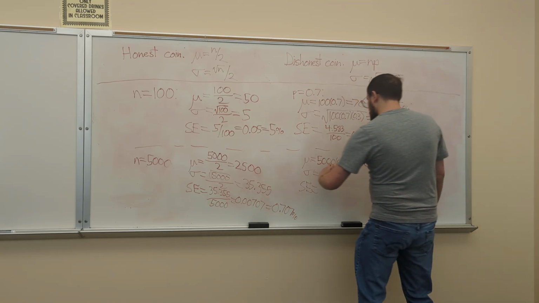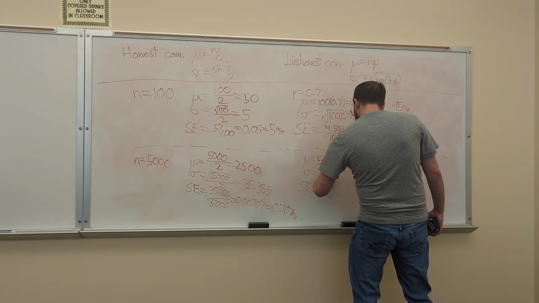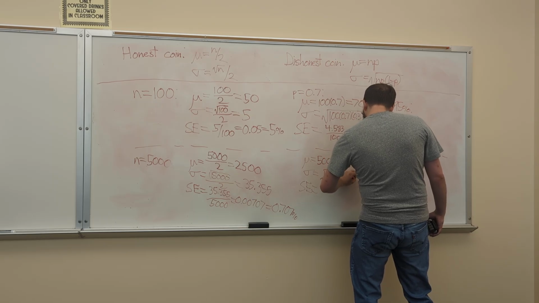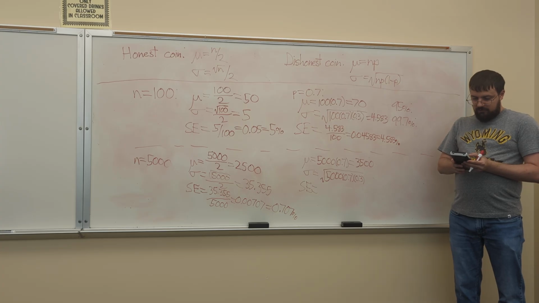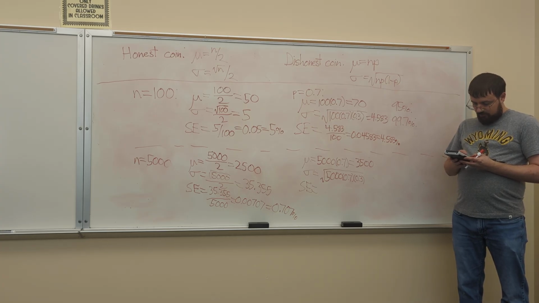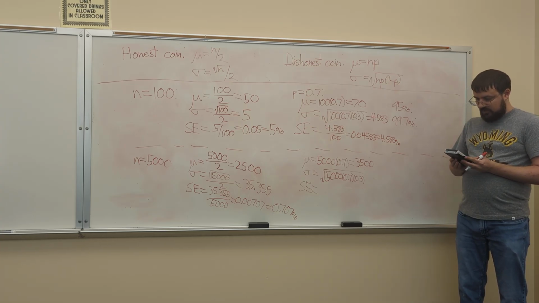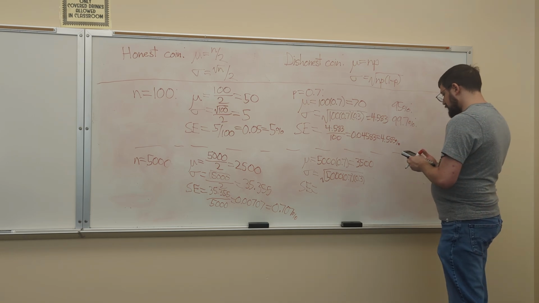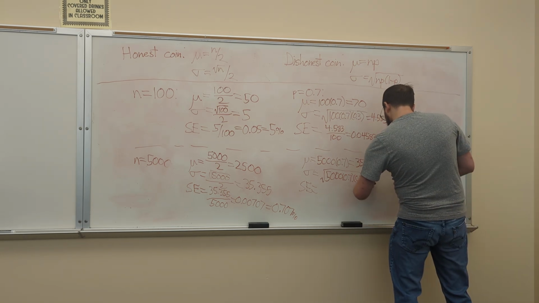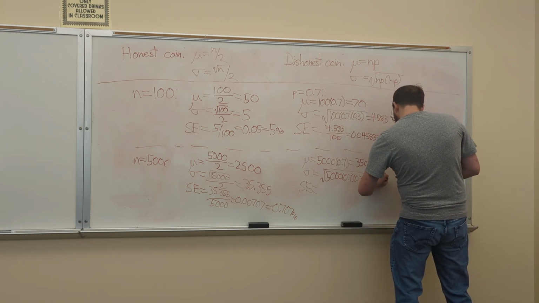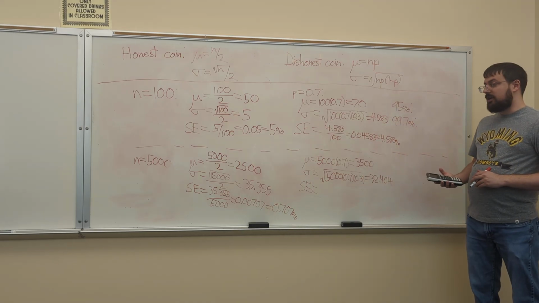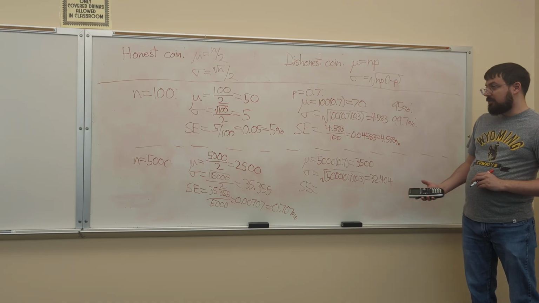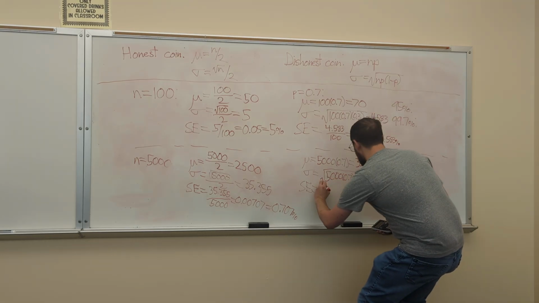Sigma is going to be square root of 5,000 times 0.7 times 0.3, which gives us 32.404. And then our standard error, once again, we take this 32.404 and express it as a percentage of our 5,000.